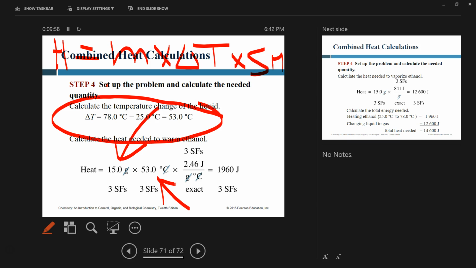So mass is 15 grams, it's given. Change in temperature is 53 degrees Celsius, because it's 78 minus 25. And the specific heat is whatever is given, 2.46 joules per gram per Celsius. This is how much heat you need to get 15 grams of ethanol from 25 to 78 degrees Celsius.